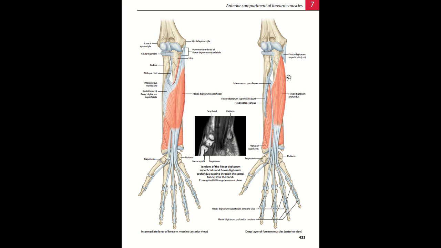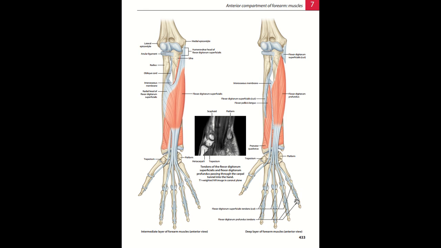The flexor digitorum profundus muscle originates from the anteromedial surface of the ulna, right? Its main origin is from the ulna, and then it inserts in the distal phalanx of the medial 4 digits. This one, this one, this one, this one.